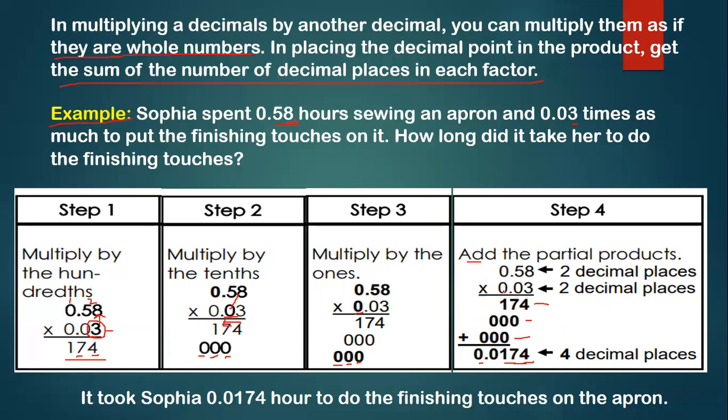Lastly, ito ang gagawin natin. So yung decimal point, tingnan natin kung ilang decimal places mayroon ang ating mga factors. Anong ibig kong sabihin? First factor natin is 58 hundredths. Tingnan kung ilang number ang meron after the decimal point. That is 1, 2.